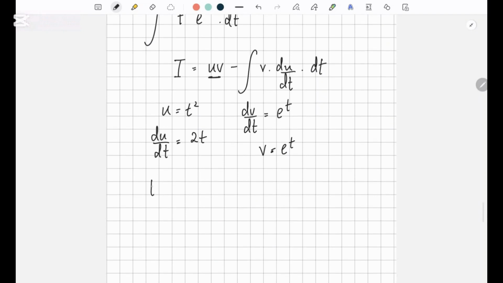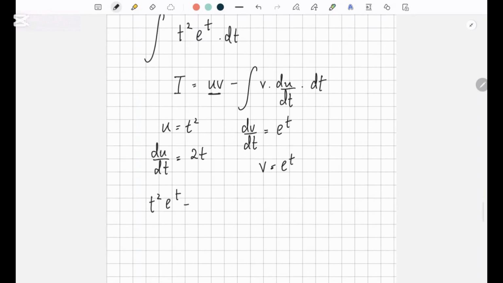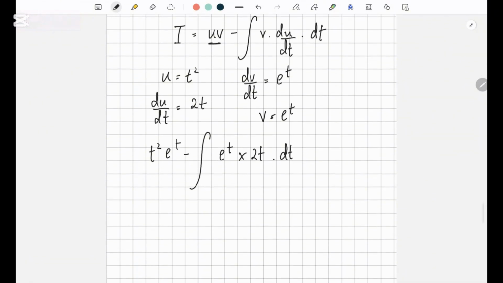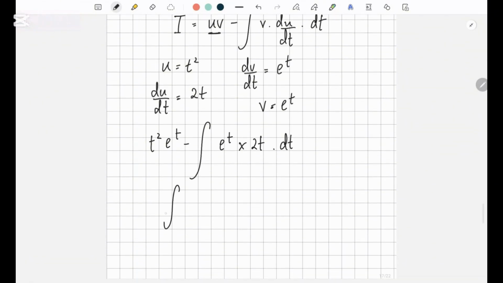So now it would be t squared e to the power t minus the integration of e to the power t into 2t dt. Now we need to integrate 2t into e to the power t. So how do you do that?